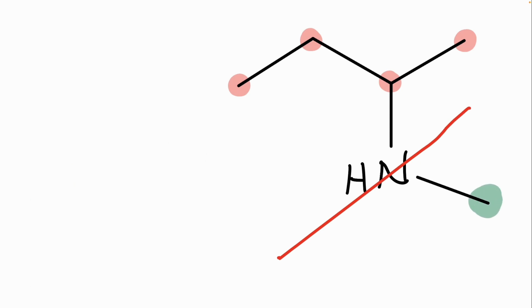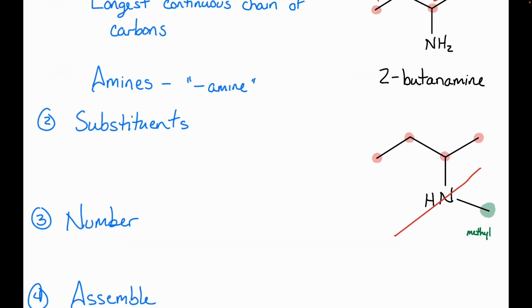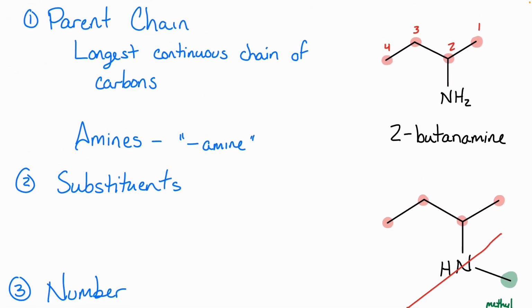So this over here is now a substituent, and we're going to name it as an alkyl group. So this is just a methyl group on that nitrogen. So the parent chain is the longest continuous chain of carbons that's bound to that nitrogen.